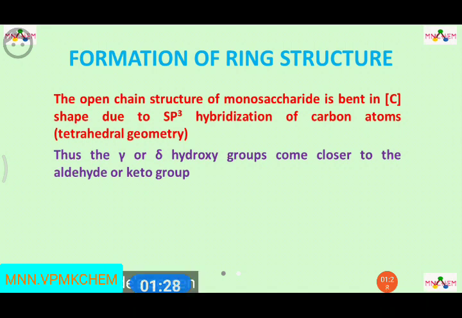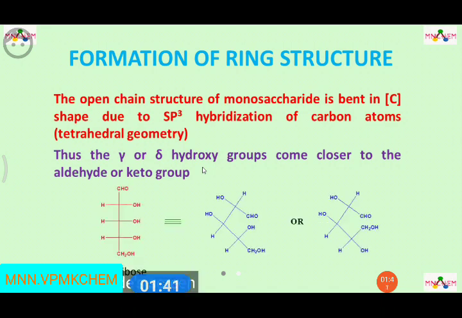And because of that, certain hydroxy groups at gamma or delta position come closer to the aldehyde or keto group. For example, if we look at the structure of D-ribose, it is represented in a Fischer projection here. And because of the tetrahedral nature of the carbon, we have the C shape.